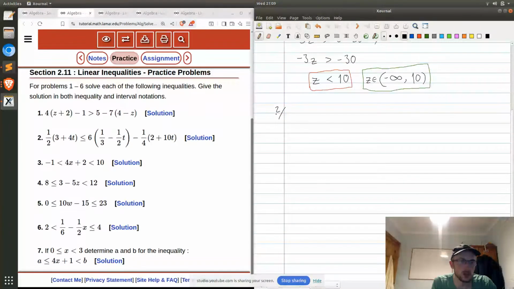So if I multiply that by 4, the half turns into 2. And if I multiply this by 4, the 6 turns into 24. And if I multiply this by 4, it just turns into good old negative 1.